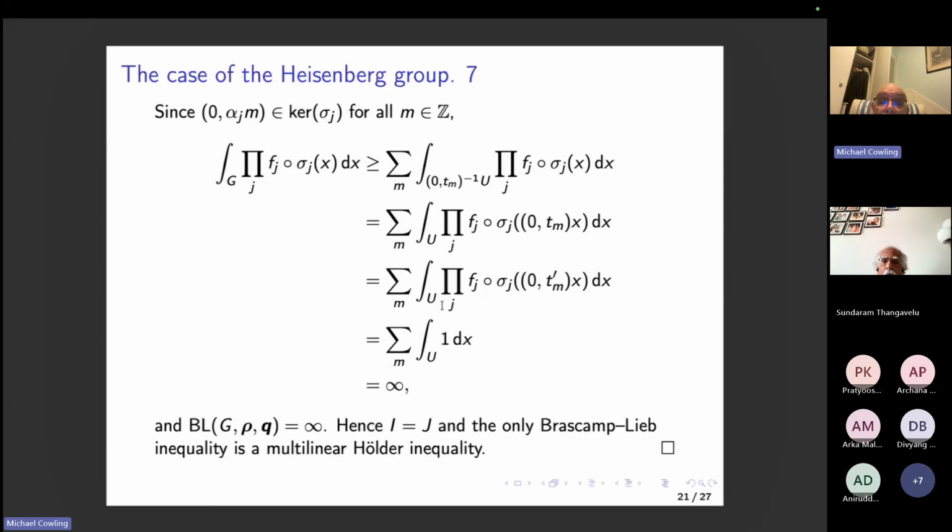And the way that things were set up is that, because all the multiples of alpha j are in the kernel of sigma j, then this is exactly the same as taking in the Tm prime.